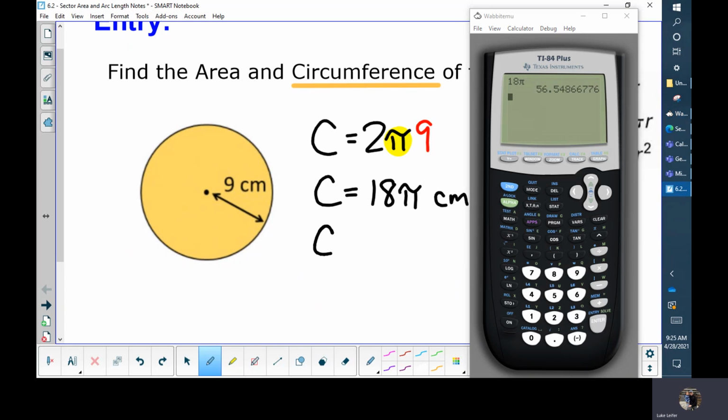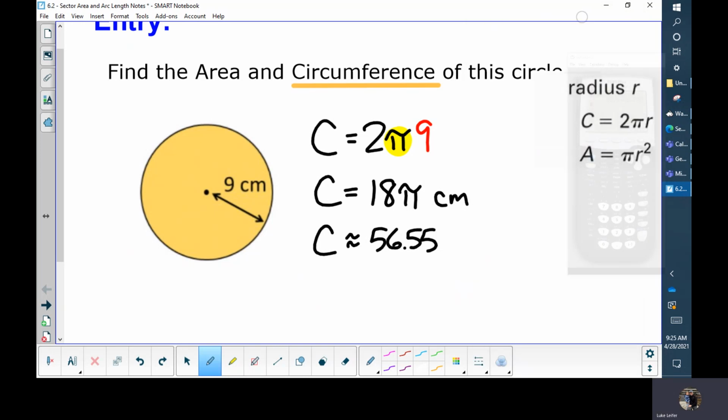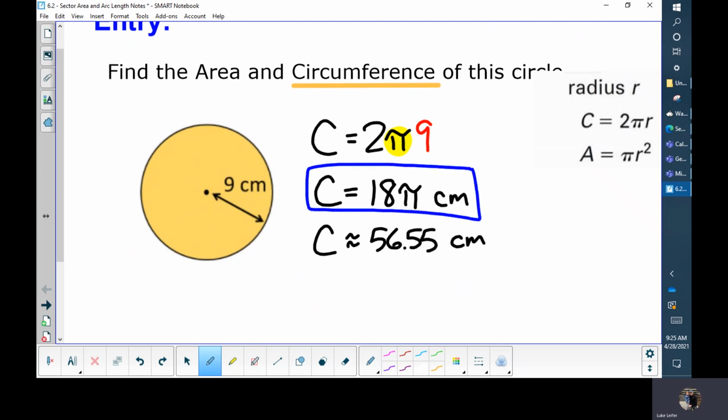So circumference is approximately equal to 56.55 centimeters. Make sure you round appropriately, because like any computer program, the online stuff needs a fairly exact answer. If you rounded that last decimal place wrong, you probably would lose points. So here's the big difference: exact answer, approximate answer.